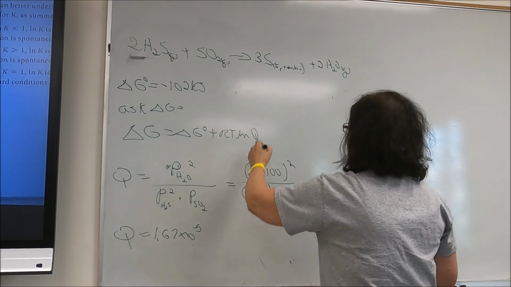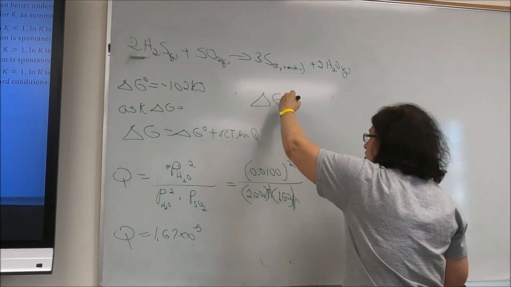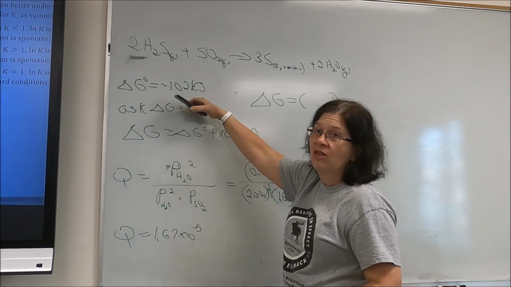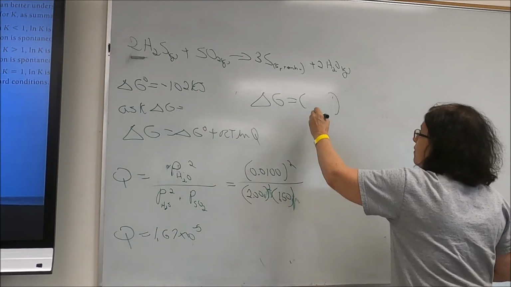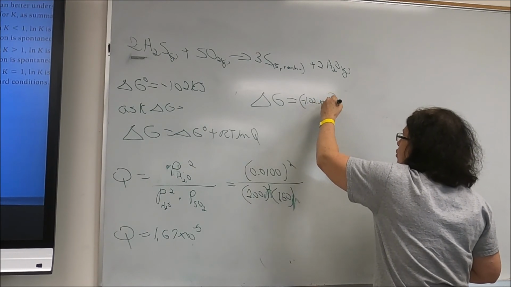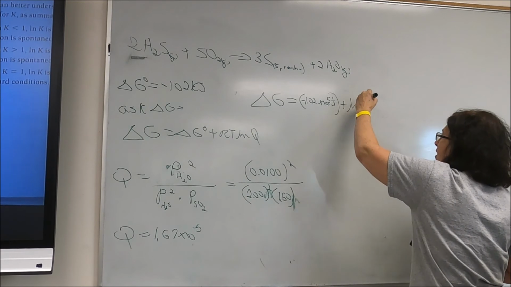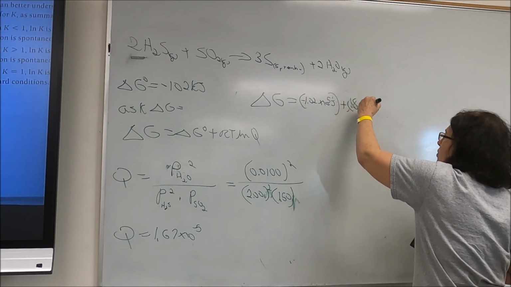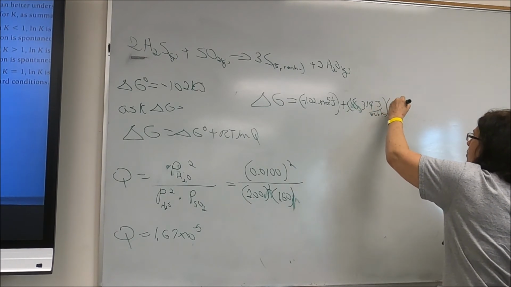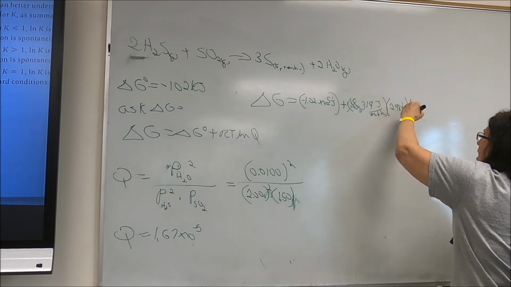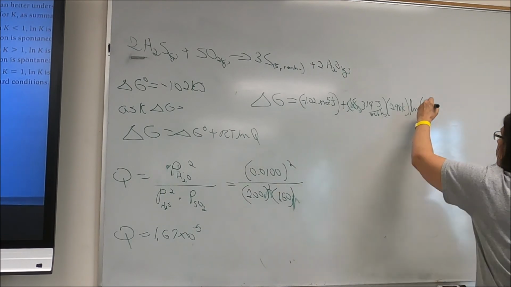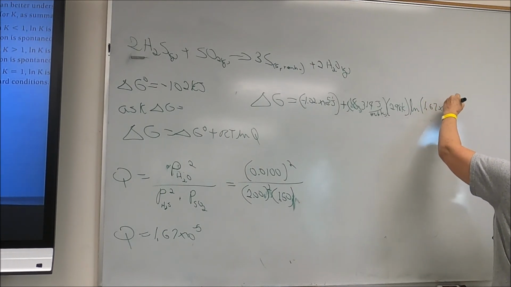Looking at plugging into our delta G equation, delta G equals delta G0. Now R is in terms of joules, delta G0 is in terms of kilojoules, so I'm going to convert it. It's going to be minus 1.02 times 10 to the 5 joules plus R, which is 8.314 joules per mole Kelvin, times the temperature, 298 K, times the natural log of 1.67 times 10 to the minus 5.